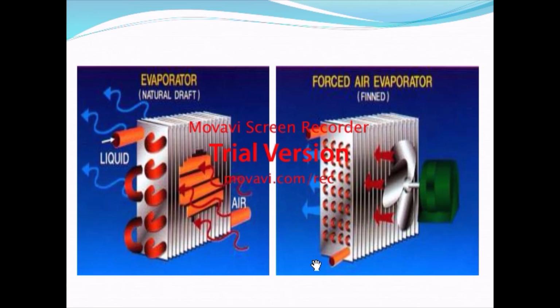This one shows how the finned evaporator works. The fin is the silver color, and then the yellow or orange. This one is orange, and this one is red because it is so hot. The liquid is supplied from the input here, and the liquid or refrigerant will go through this tube.